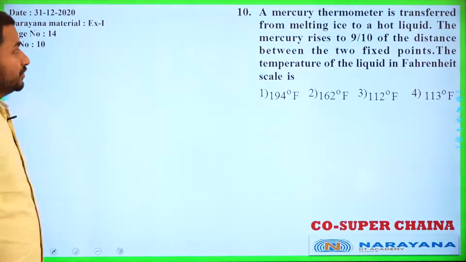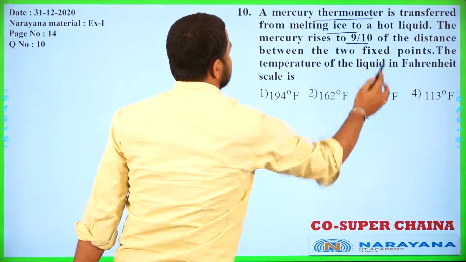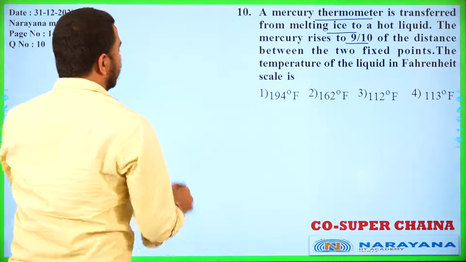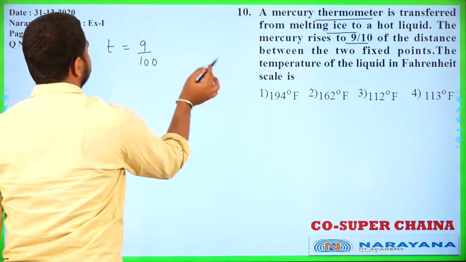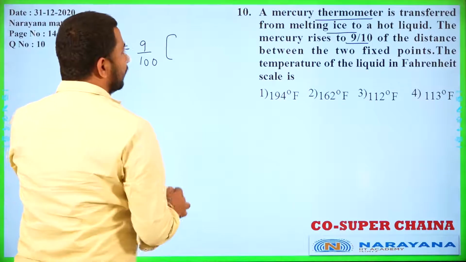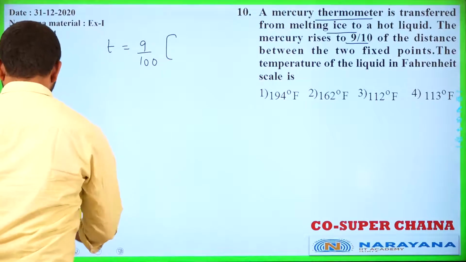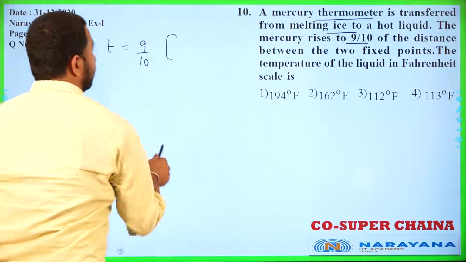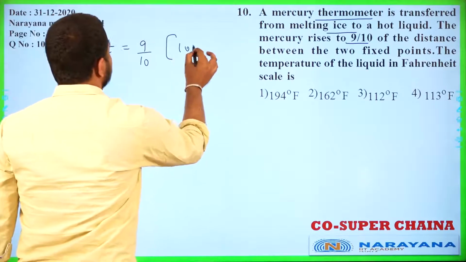So let's see the question. A mercury thermometer is transferred and the reading is equal to 9 by 10th of the value. So T we can calculate. T will be 9 by 10 into the difference. 9 by 10th it is given, and here the difference in the scale is this 100.